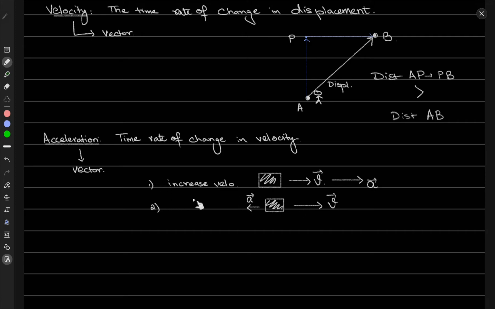So in this case, this acceleration is working to decrease the velocity of the object, right? The acceleration is causing the change in velocity in the opposite direction, which means that the velocity, instead of the number increasing, would start to decrease.